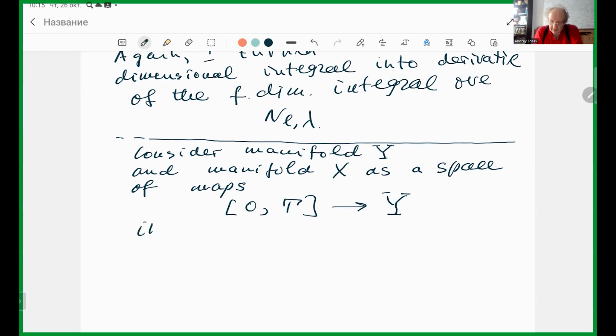It's infinite dimensional. Now consider equations.